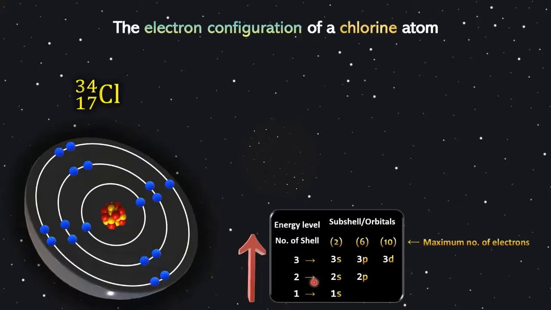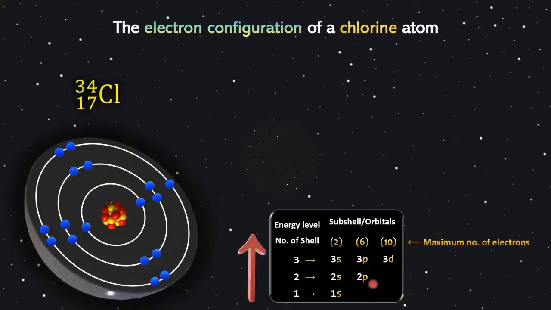Now, let's discuss how many subshells are in each shell, and the maximum number of electrons per subshell. On the first energy level, we have the S subshell only, and the S subshell can contain a maximum of 2 electrons.